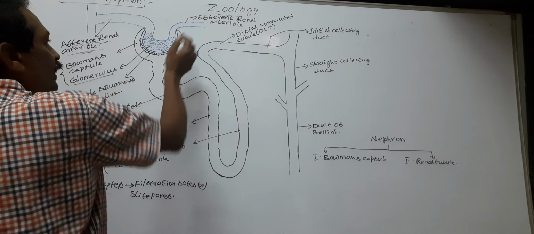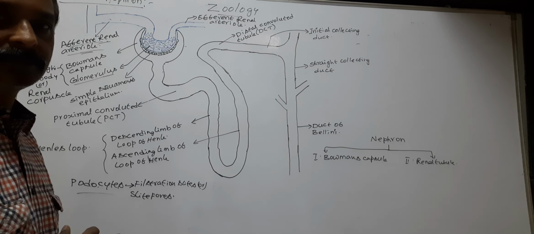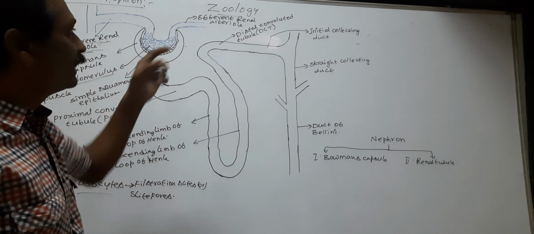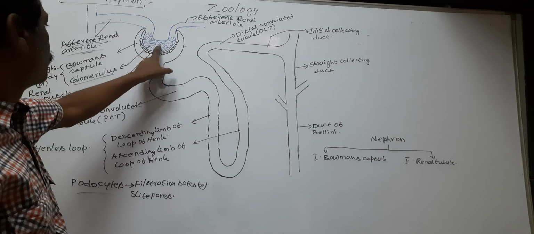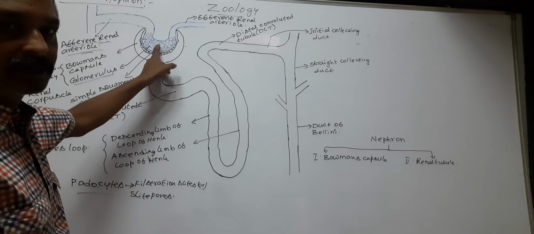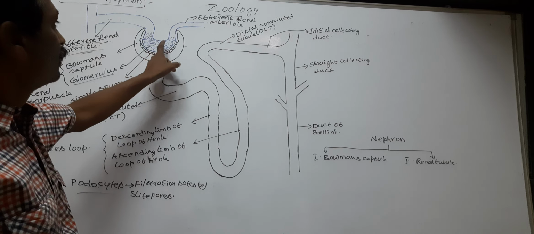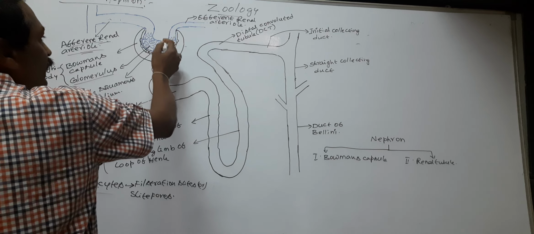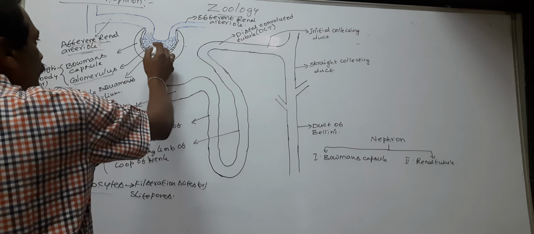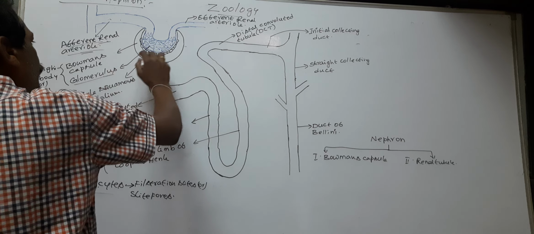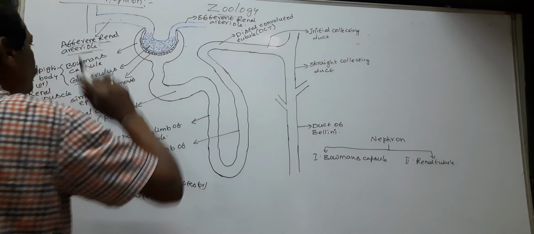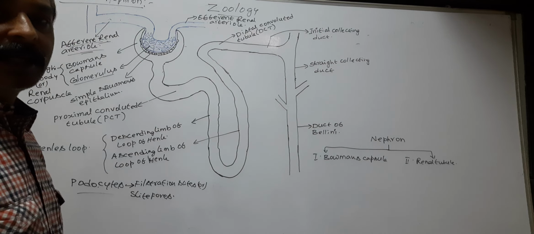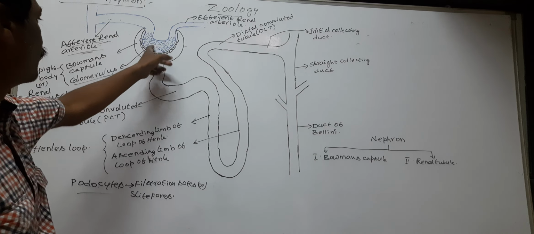Now the efferent renal arteriole carries the blood of glomerulus away from the glomerulus.